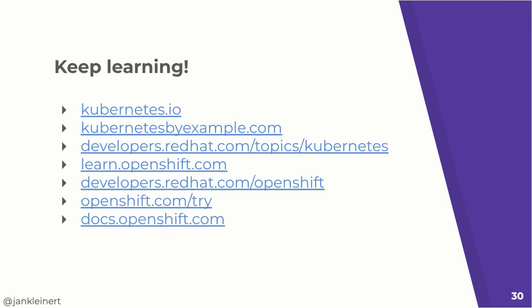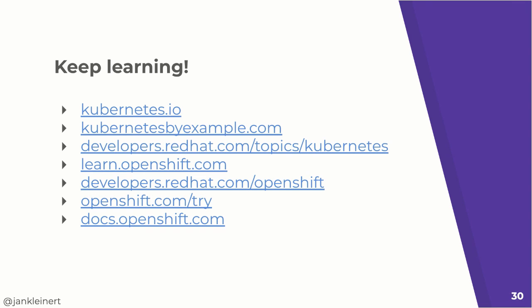Got several resources here. Let me walk you through each of them. Kubernetes.io is the official Kubernetes documentation site. And in addition to documentation, you can also find tutorials and walkthroughs, lots of great information. KubernetesByExample.com is a resource that has example-based learning about different types of Kubernetes objects.